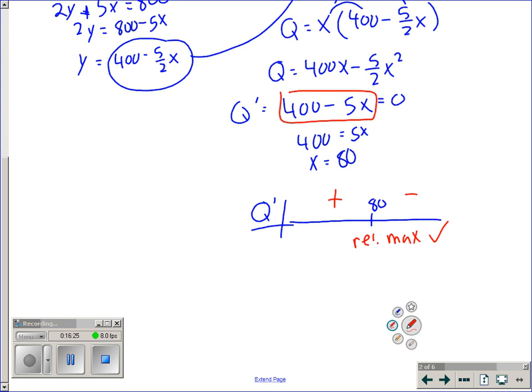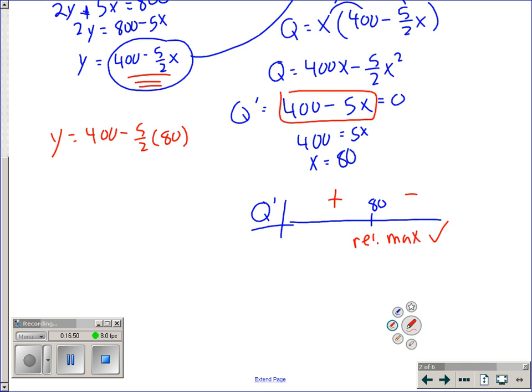So we got a relative max, and now if I want to find the other dimension, the y dimension, I could just plug it back into my y equation over here, right? I can say that y equals 400 minus 5/2 times 80, my x value.